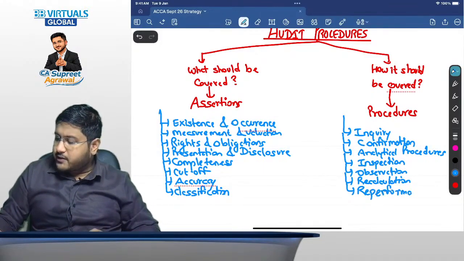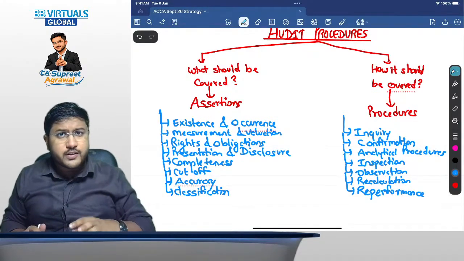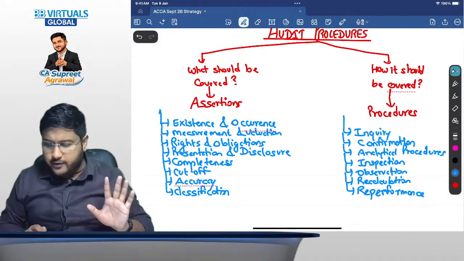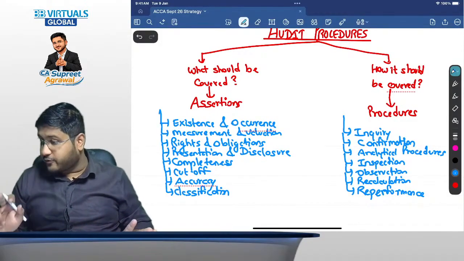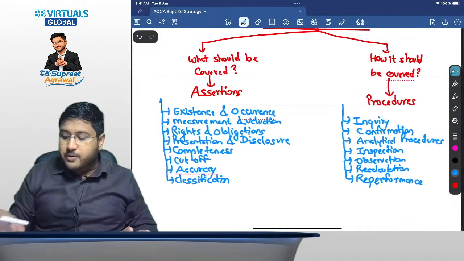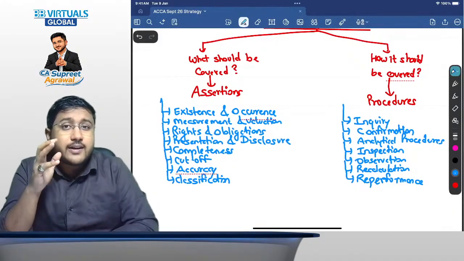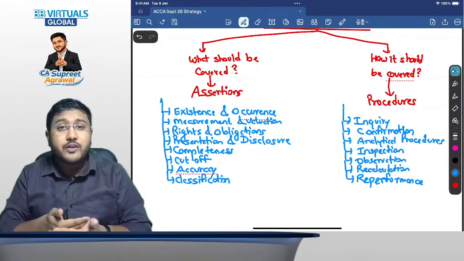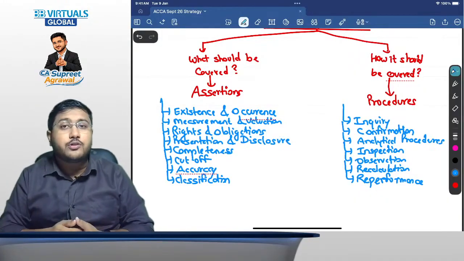We have already covered all of this in our basics lecture also. Let me tell you, my dear friends, not review, reperformance. These are the things that help us decide how we will be discussing the audit procedures.